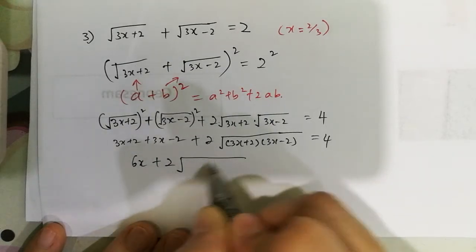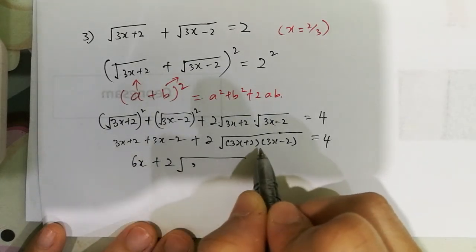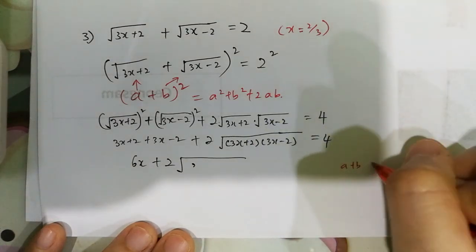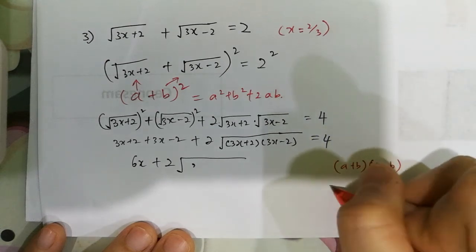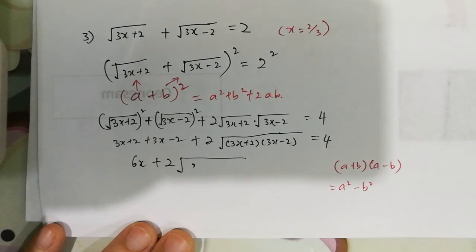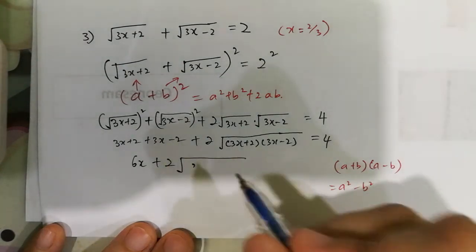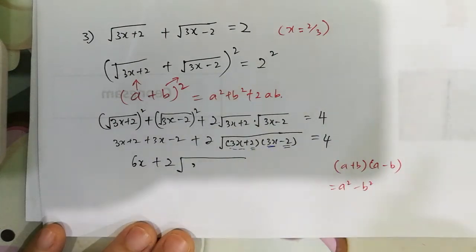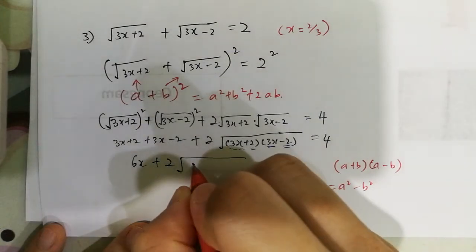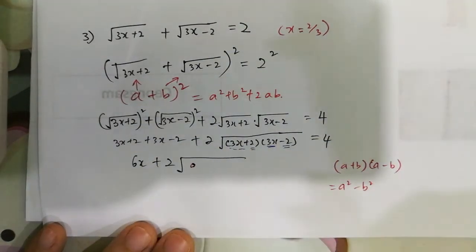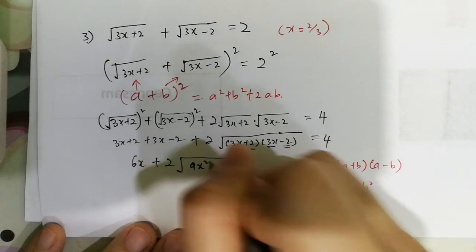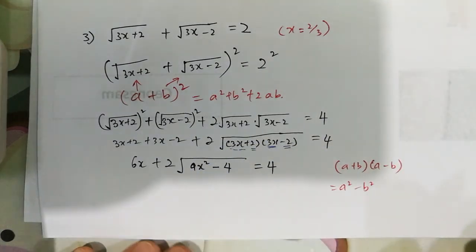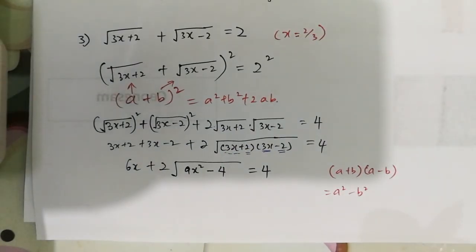This one is equivalent to a plus b, a minus b, so I will get a squared minus b squared, remember? This is a, this is b, so a squared will be 9x squared minus 4. 9x squared minus 4.